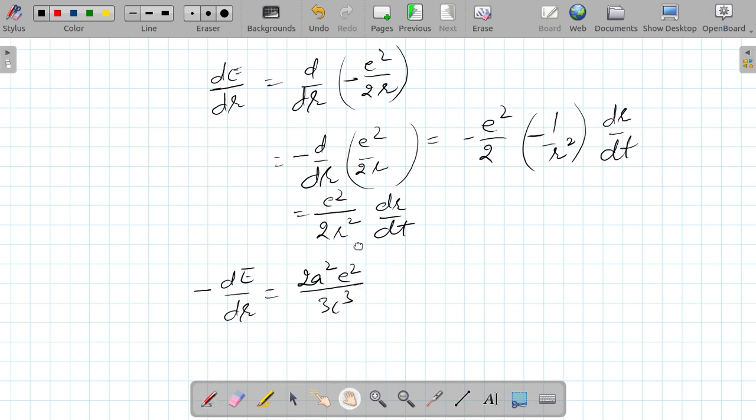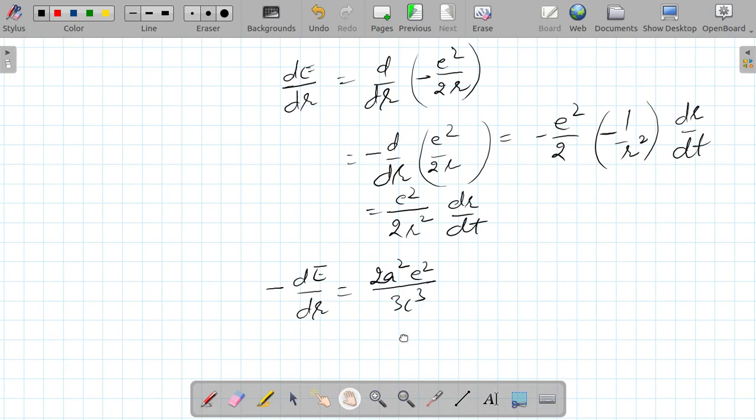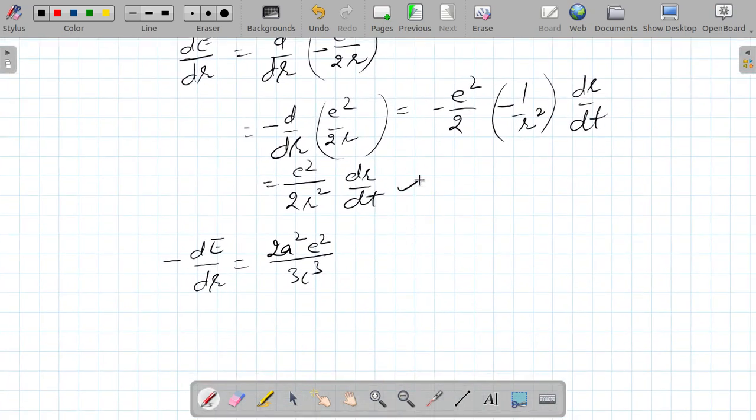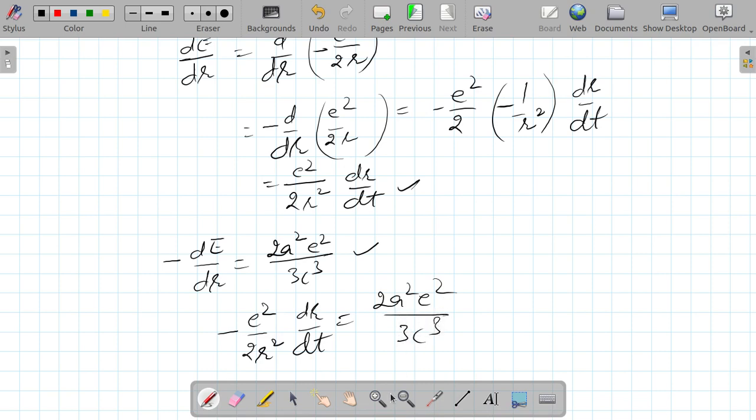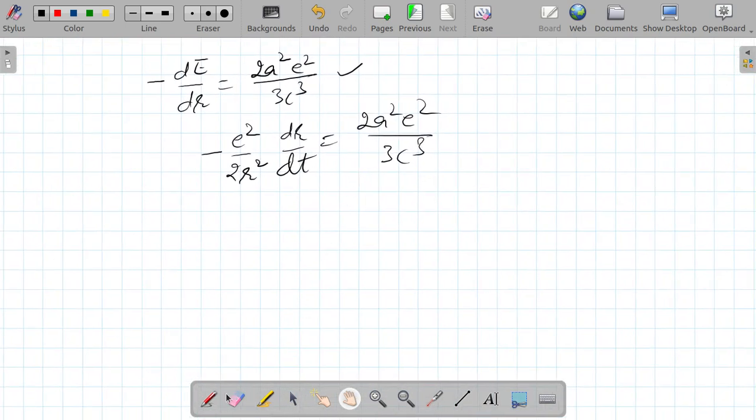So therefore, comparing these two results, this and this, because both are equivalent, that means minus e square over 2r square dr by dt is equal to 2a square e square over 3c cube, and this e square will cancel out with it.